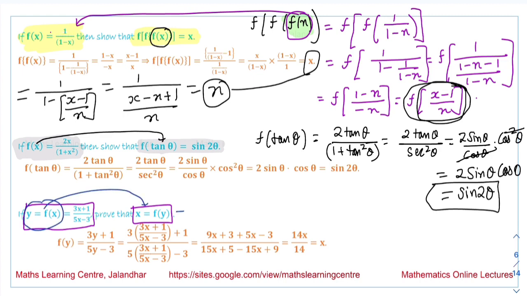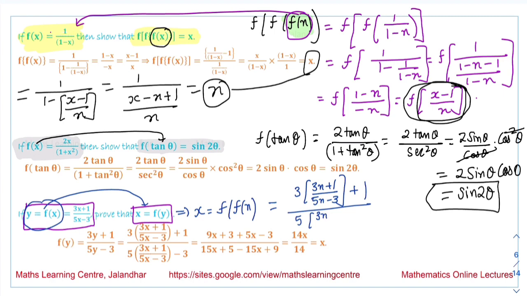It means what we have to prove is that x = f(f(x)). So this is equal to (3(3x + 1)/(5x - 3) + 1)/(5(3x + 1)/(5x - 3) - 3).